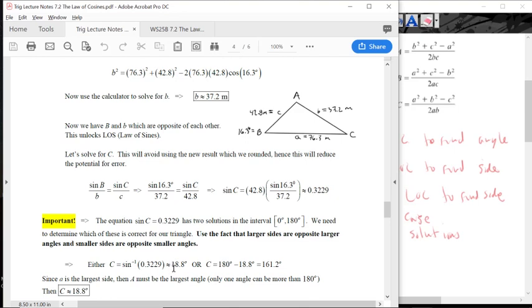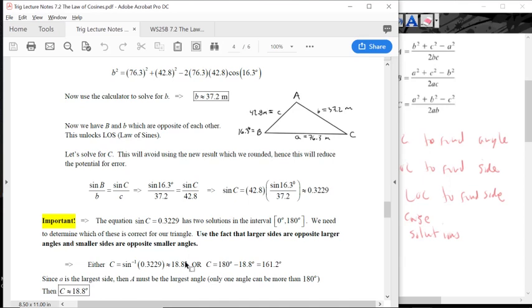It's up to us to establish that quadrant 2 was a possibility as well that we really do need to consider here. So the calculator gives us the 18.8 degrees. We have to determine that because sine is also positive in quadrant 2, that 161.2 degrees is a possible solution that we would really need to consider.